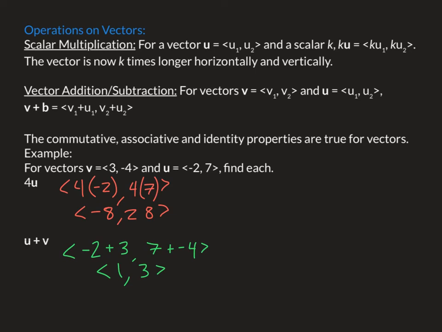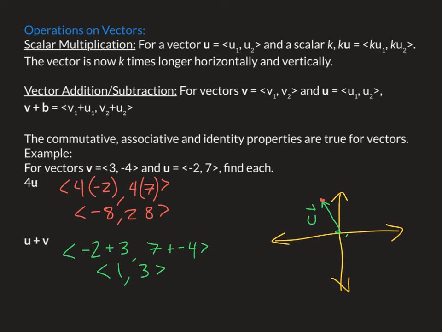To visualize this, if I draw the coordinate plane, and let's do, here's vector u at <-2, 7> roughly, so starting at the origin, there's vector u. Vector v, I'm going to put it on the end here from the terminal point of vector u.